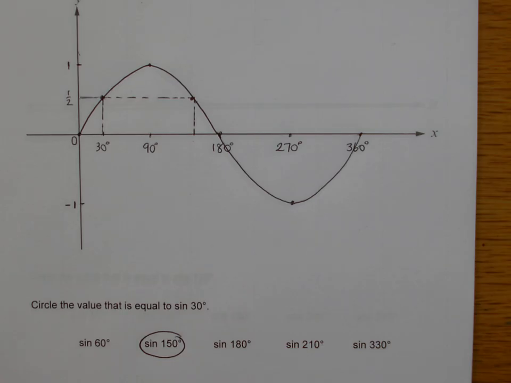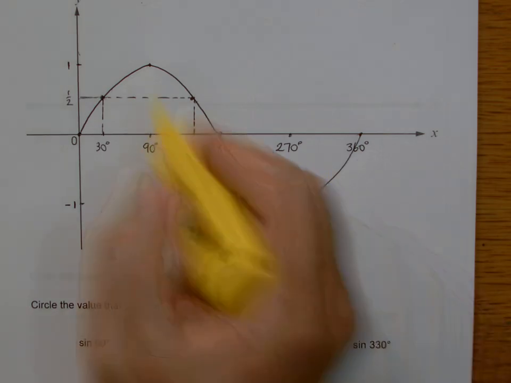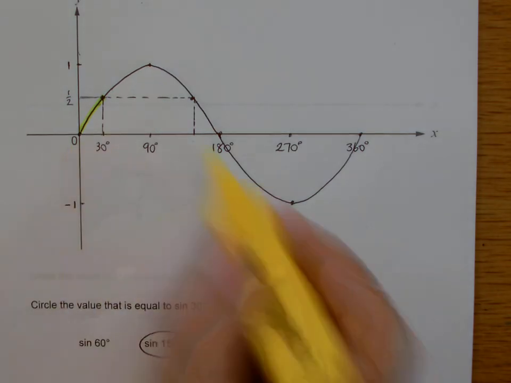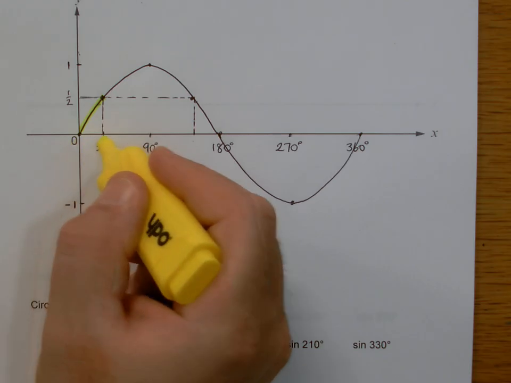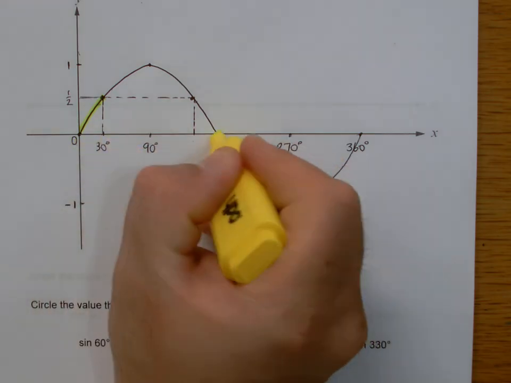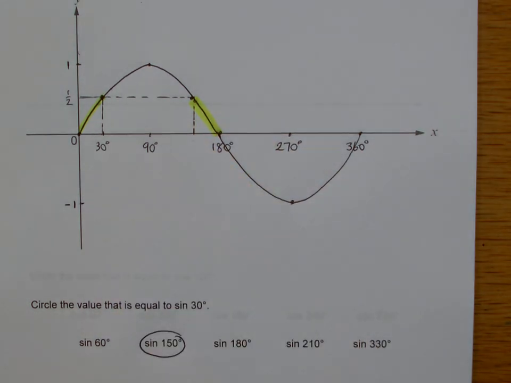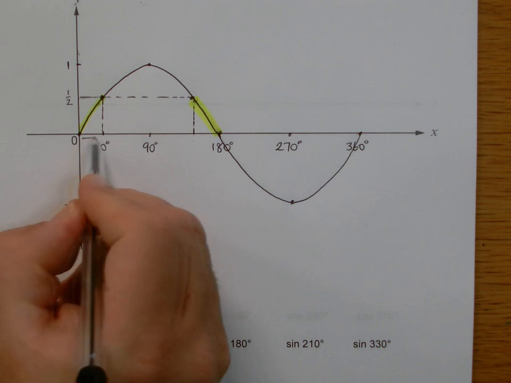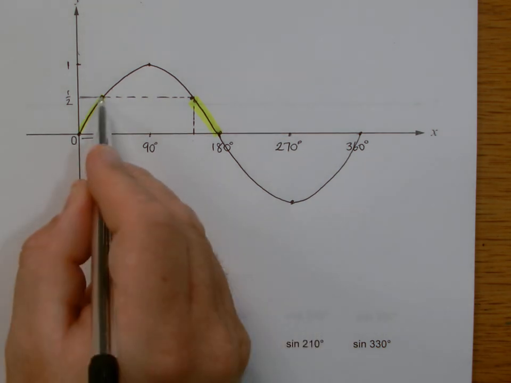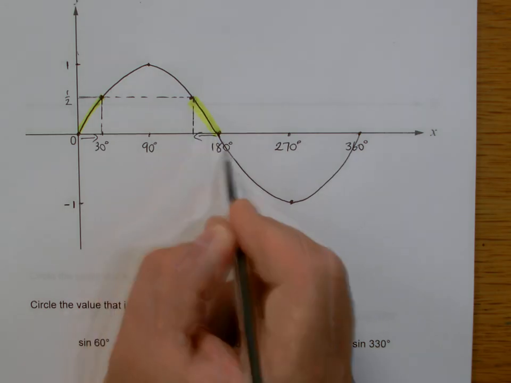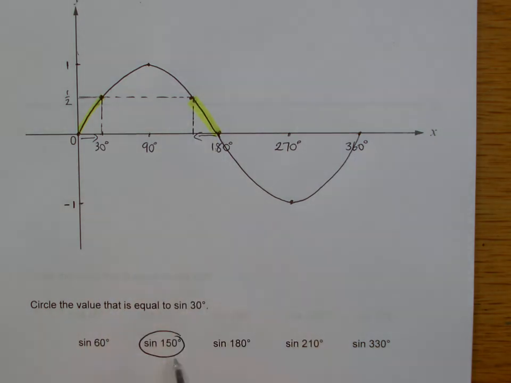Now you could use some sort of simple symmetry here, and we can appreciate when we look at this curve that the angle there of 30 degrees is going from the origin across to 30, and it's exactly the same as going backwards from 180 here to that value here. So if we're going across 30 to get to this point on the curve, it's like going back 30 to get to this point on the curve. So if you take away 30 from 180, you get 150.